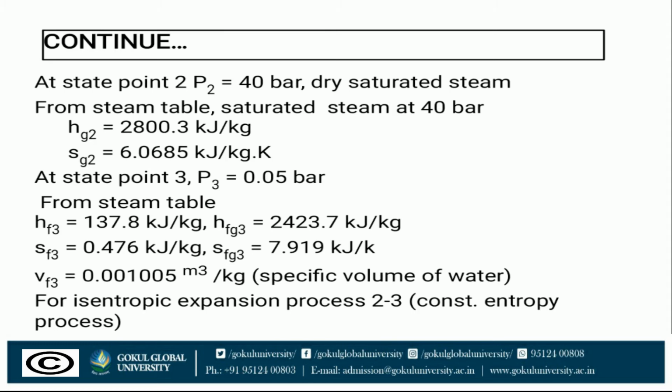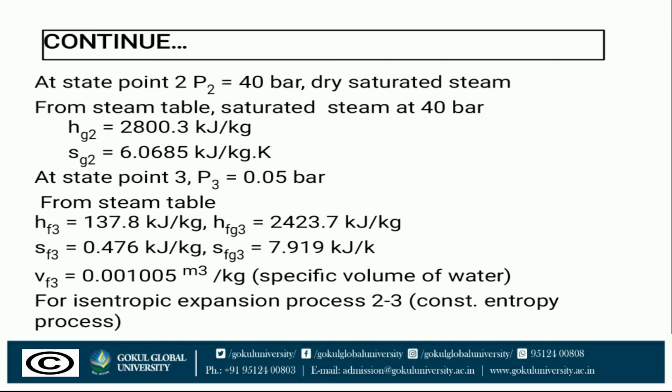Steam is considered gas, so it is denoted by g. At point number 3, there are water particles as well as gas particles. Water is considered fluid, so it is denoted by f. The combination of fluid and gas is denoted by fg.